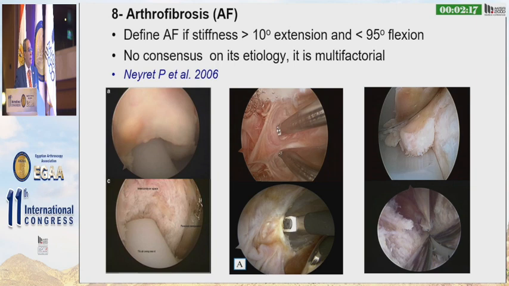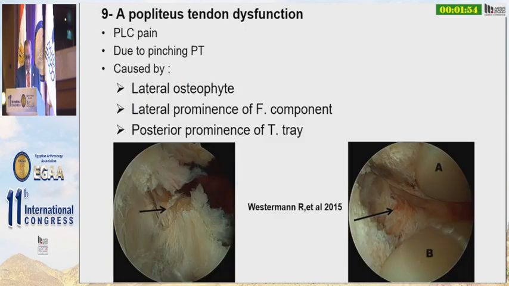otherwise vapor. And there is intervening tissue between the femoral and the liner and also in the gutter. And the last is after shaving. The last one is the popliteus tendon dysfunction or popliteus tendonitis.